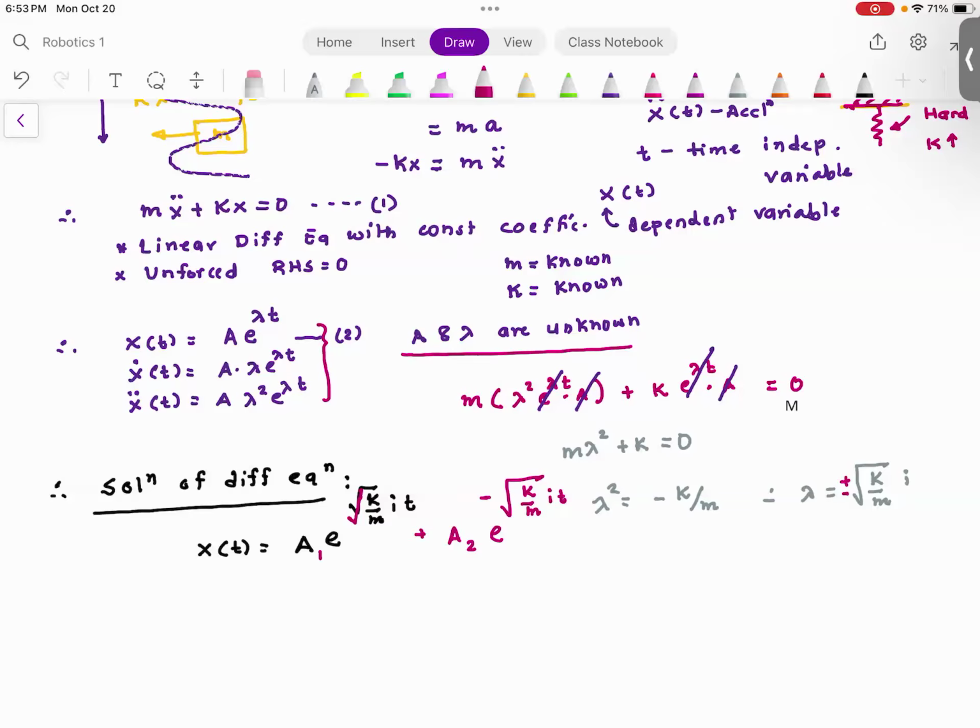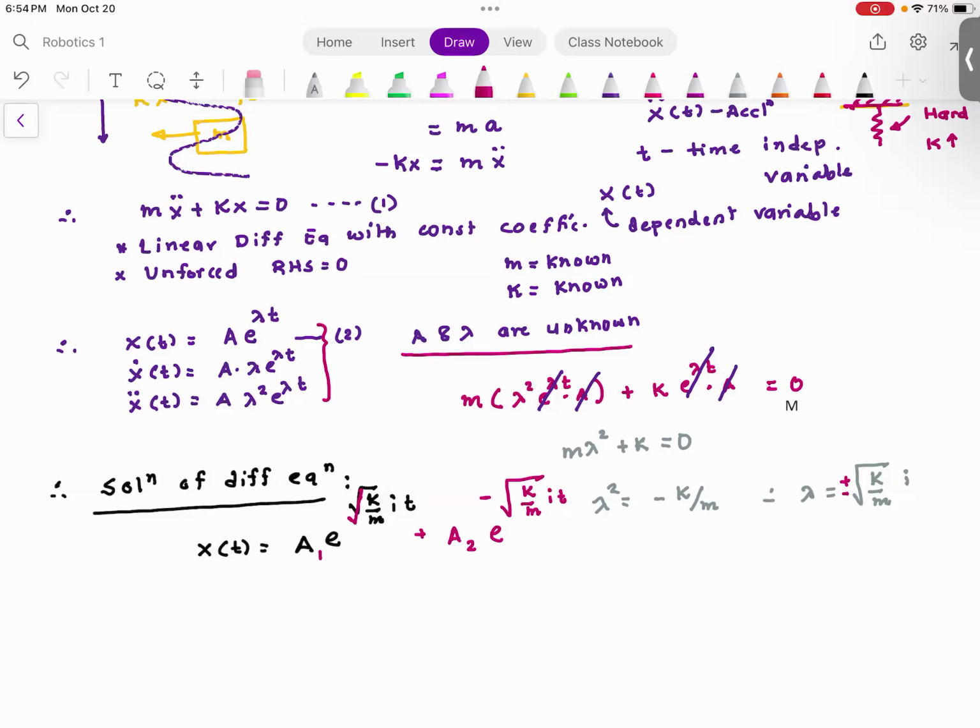You take the square root of minus k over m, you get square root of minus 1 and plus and minus square root of k over m. So in other words, you have two roots. Lambda 1 is equal to plus square root of k over m i. Lambda 2 is minus square root of k over m i.